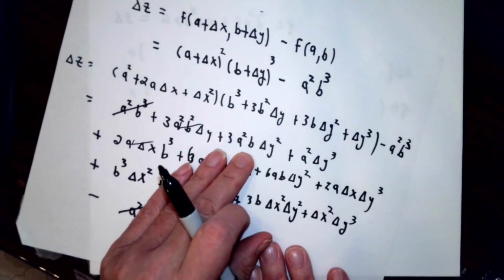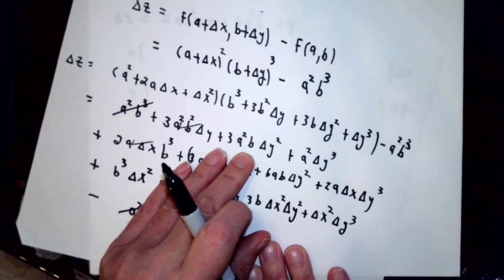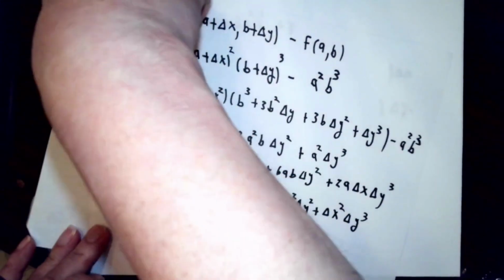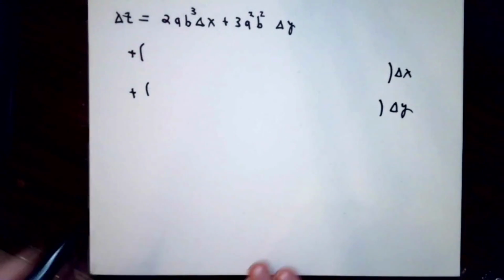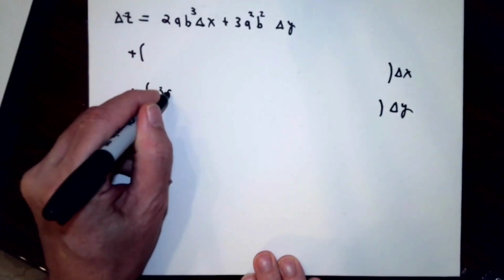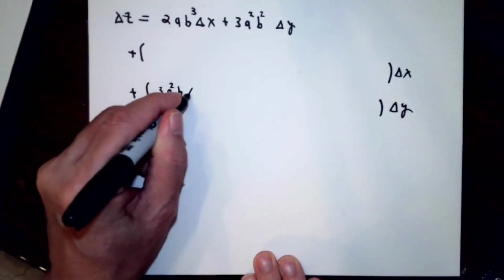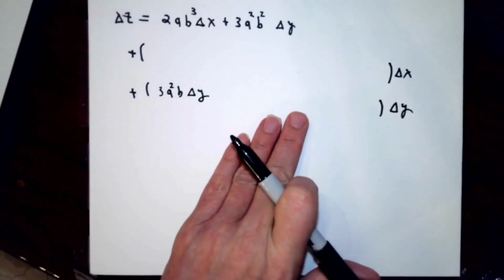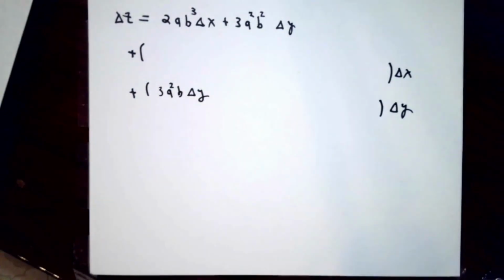This term, 3a squared b delta y squared, if I factor a delta y out of that, I'll have 3a squared b delta y. I had to put that term in the second one because it didn't have any factors of delta x in it.